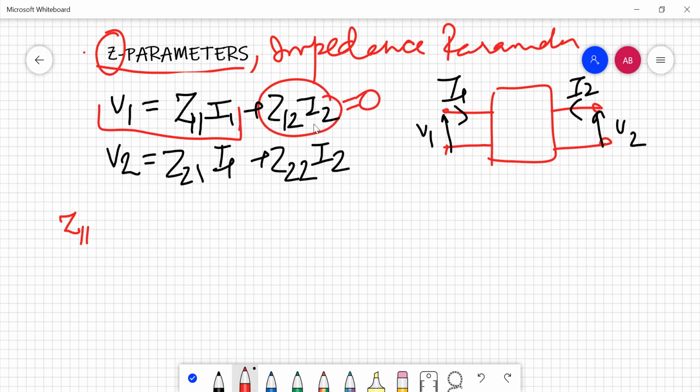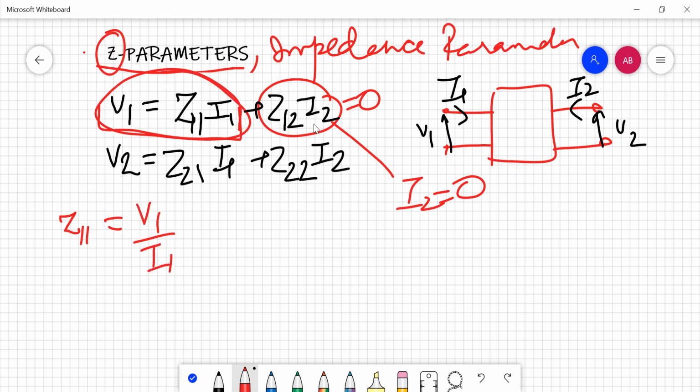How are we going to equate it to 0? If our current I2 becomes equal to 0. So we will be defining our Z11 for this condition. Z11, from only this pair, will give me the value V1 upon I1 for I2 equals 0. Similarly, let's define our Z21.